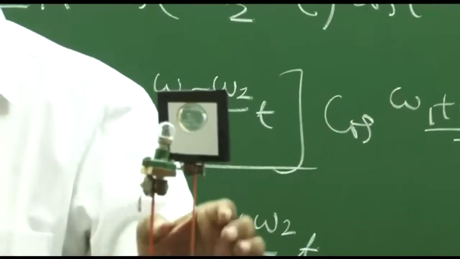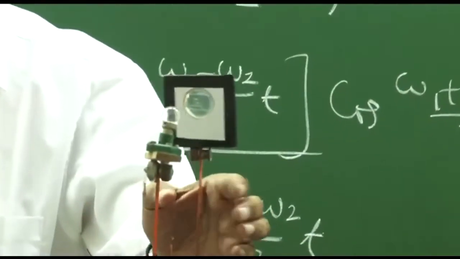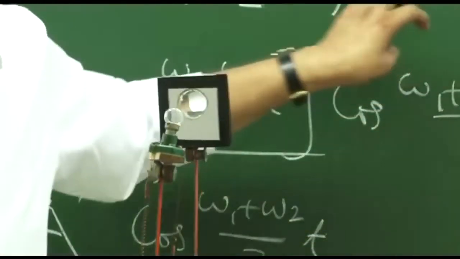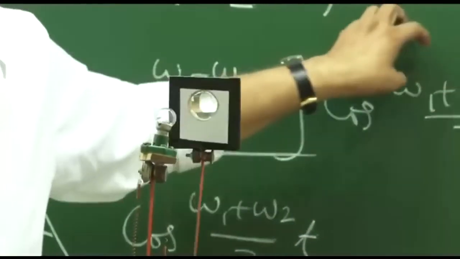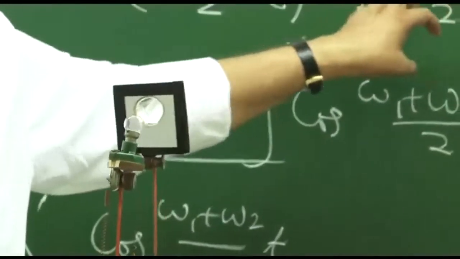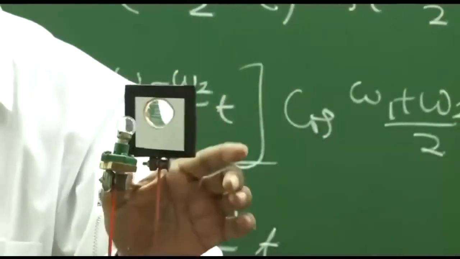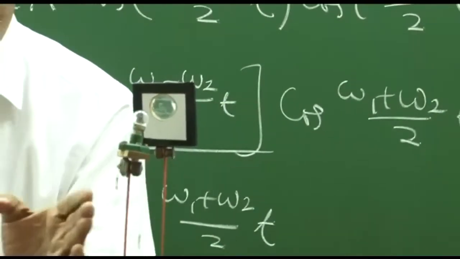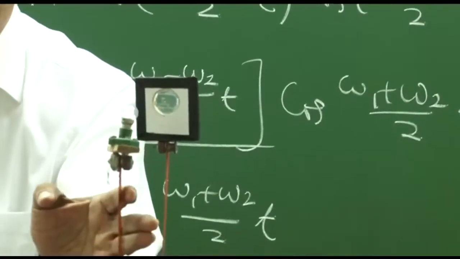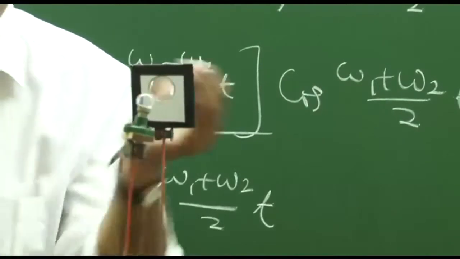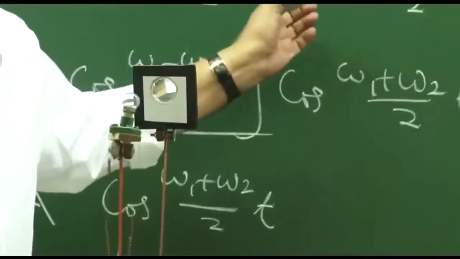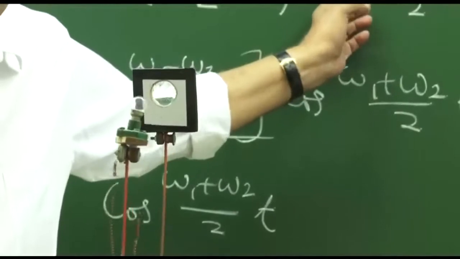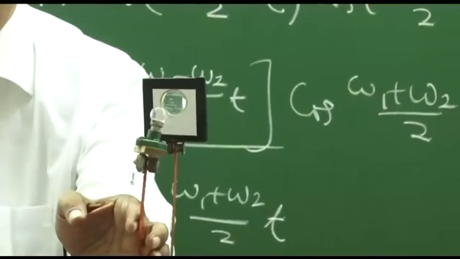And if I oscillate this lens, the image will oscillate and the frequency will be the same as the frequency of this lens. Whereas, if I oscillate this bulb, then also the image will oscillate, but this time it will have the frequency of the bulb's oscillations.